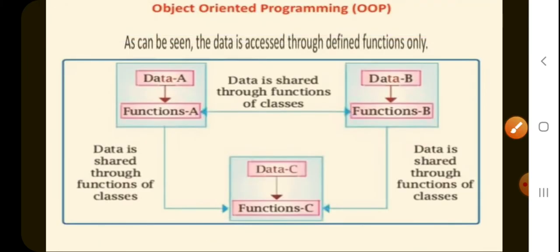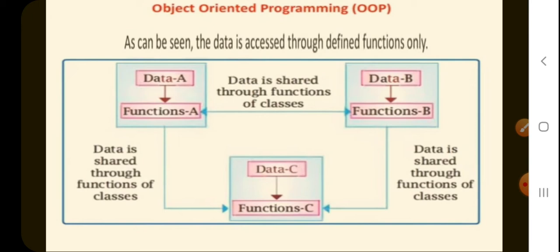But as can be seen in this figure, in object oriented programming, the data is accessed only through properly defined functions. So function A can access data A, function B can access data B. Now, if function A wants to access data B, it has to go through this function.